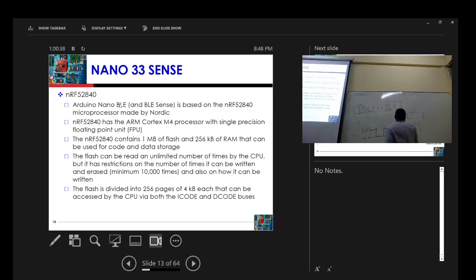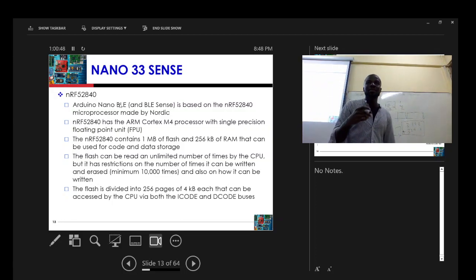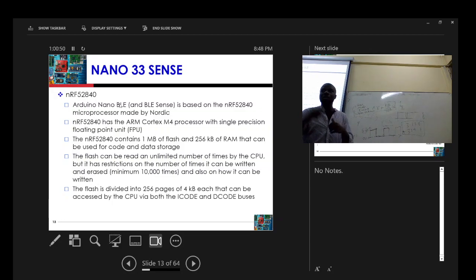So how do I add decimals? If I'm adding numbers like 1 plus 2, there's no decimal. You just add them. 1 plus 2 is 3.